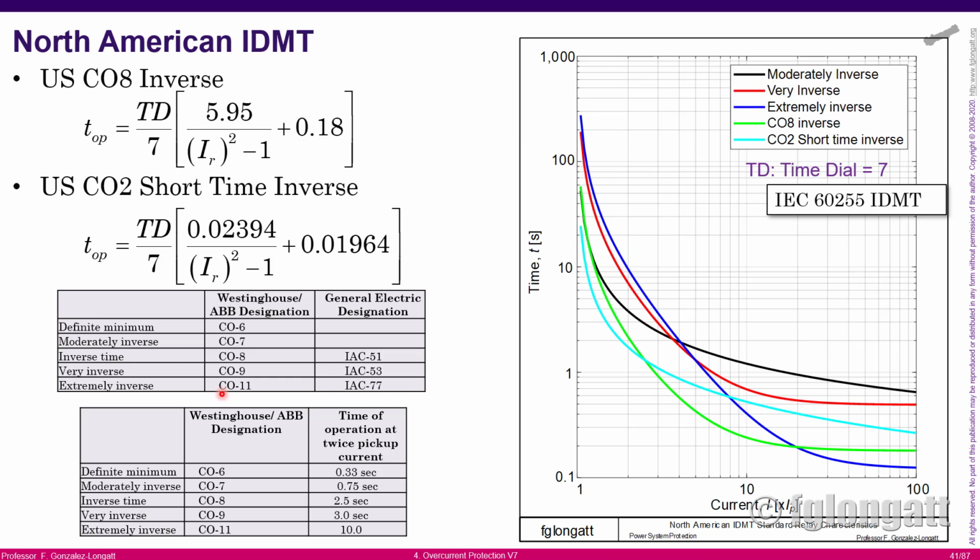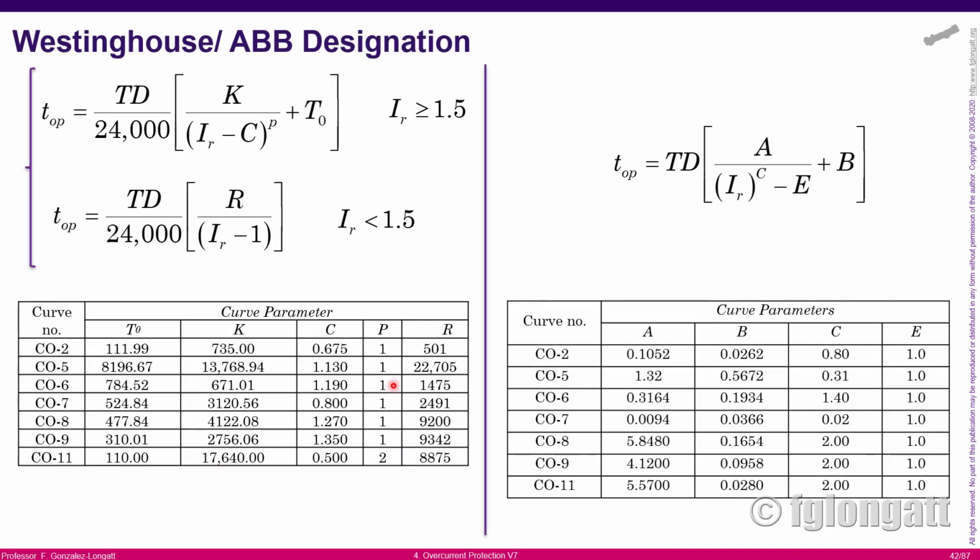General Electric, on the other hand, created inverse, very inverse, and extremely inverse relays, but they used a different denomination, a different code. They call it IAC 51, 53, and 77. If you are interested or you are using the CO denomination for ABB and Westinghouse relays, you can find the full equation.